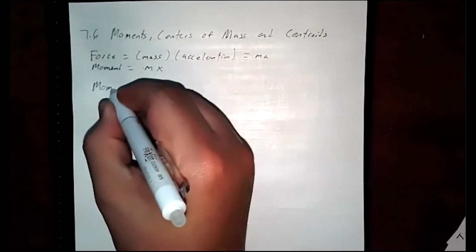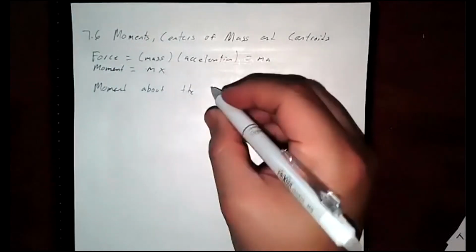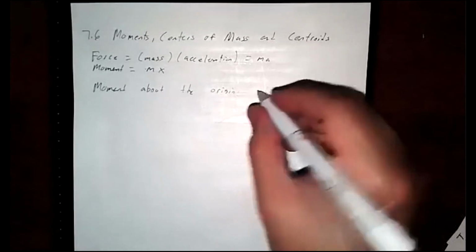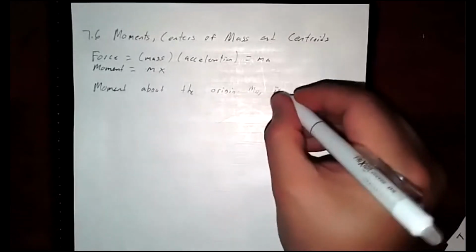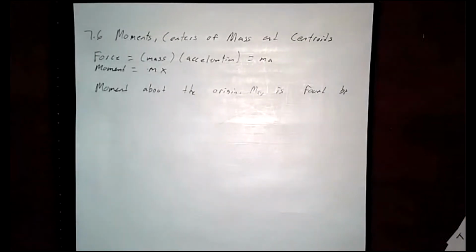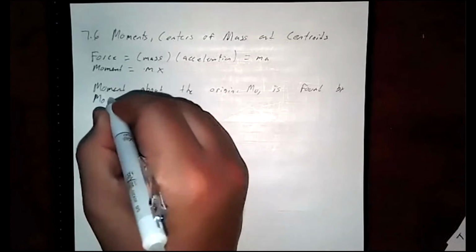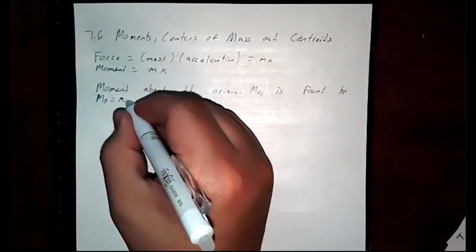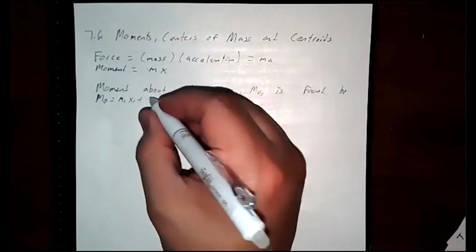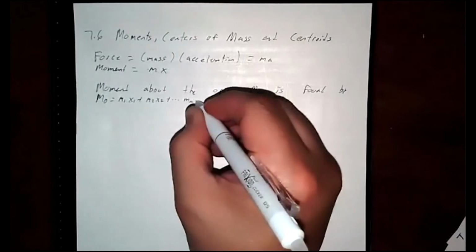So the moment about the origin, which we'll call m0, is found by summing all these pieces here. So m sub 0 is equal to the sum of m1 x1 plus m2 x2, all the way till mn xn.